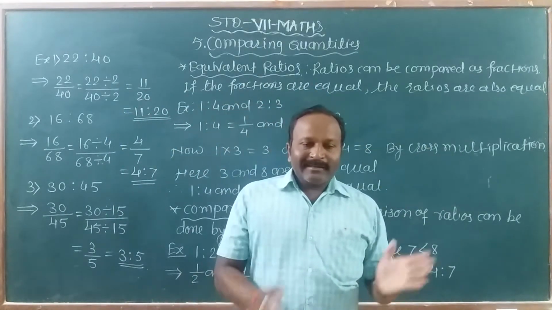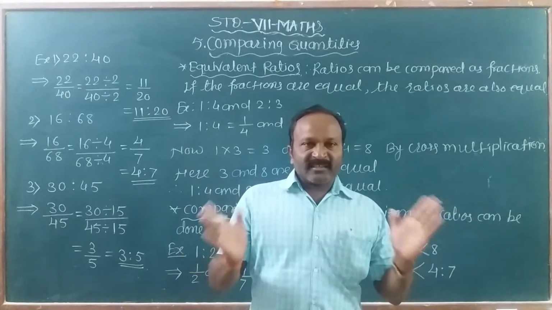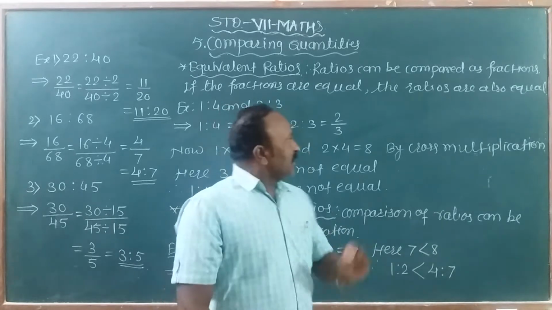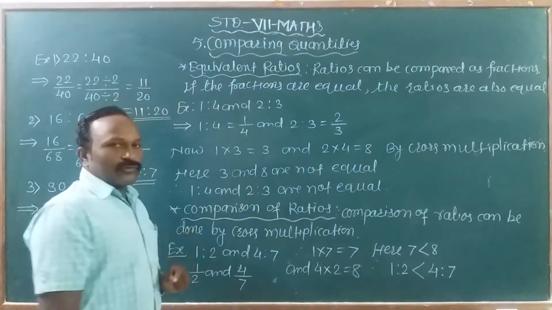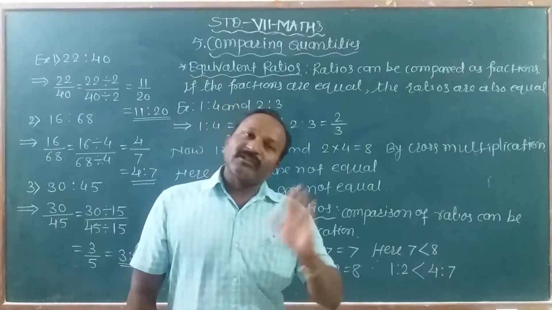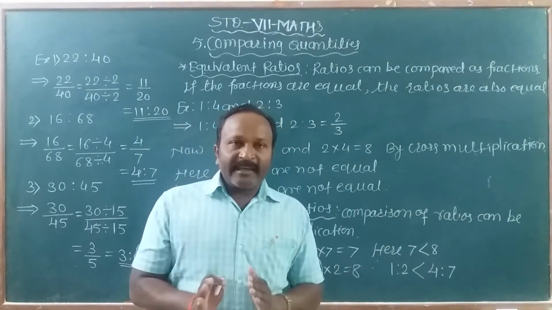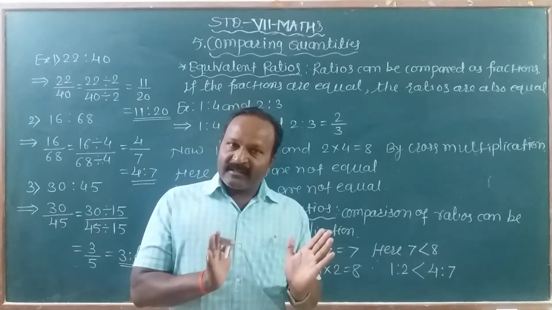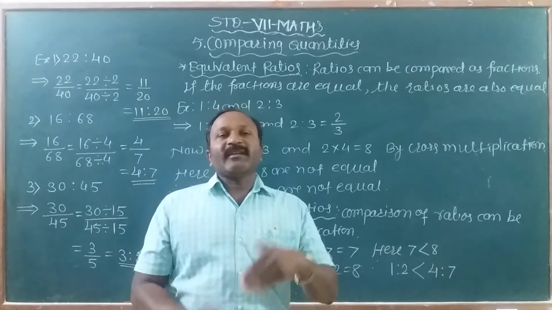Obviously, in fractions we study that two fractions are equal if their cross multiplication is equal. Similarly, here also we have to convert first of all ratios into fractions, and then by using the method of fractions we can compare the two. Obviously we are comparing the ratios.